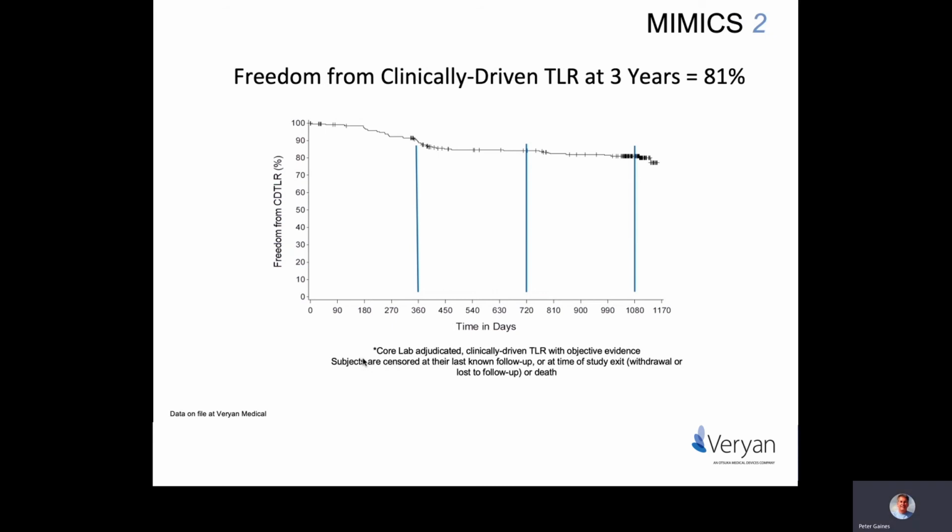This presentation focuses on outcome out to 3 years. Freedom from clinically driven TLR at 3 years was an excellent 81%. And of note, there is little change in the outcome between 1 year and 3 years. This is in accord with that finding within the smaller randomized trial.